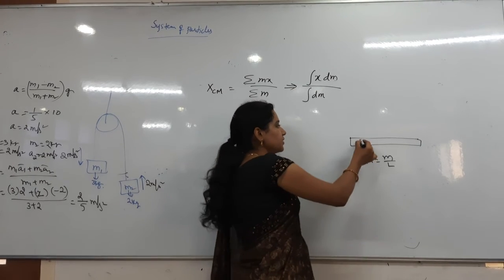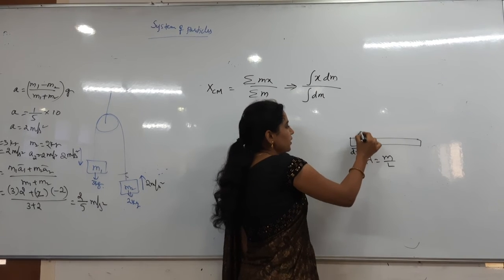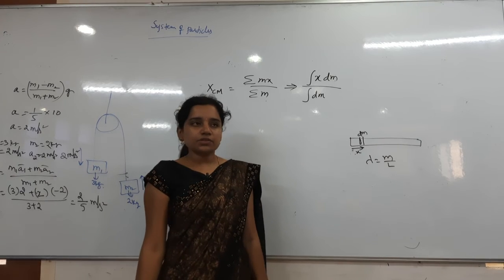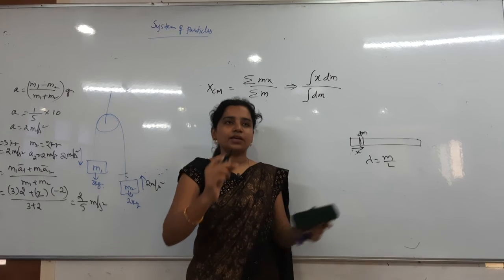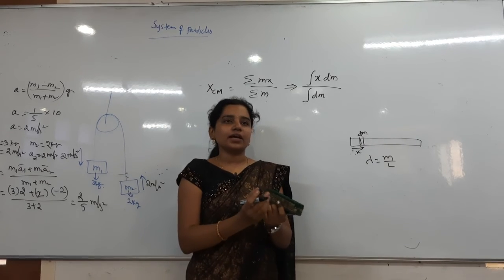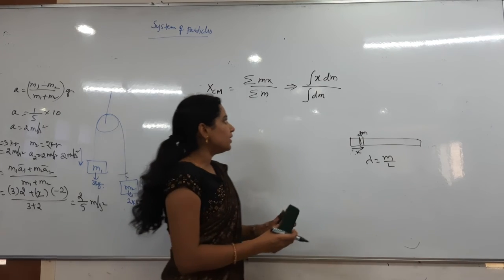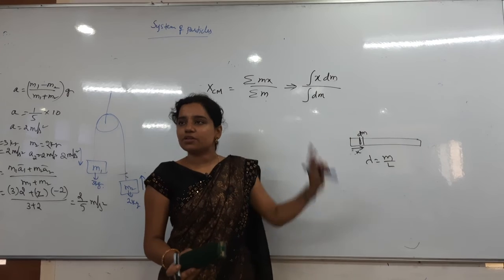Now first of all you will consider a smaller mass element here. At the distance x, you will consider a dm element. So which is the variable here? Mass is varying. Whenever I take the smaller element, I will take dm. Whenever I take the total element, at that time I will take M only, right? So I have written this as integration of x dm by integration of dm.